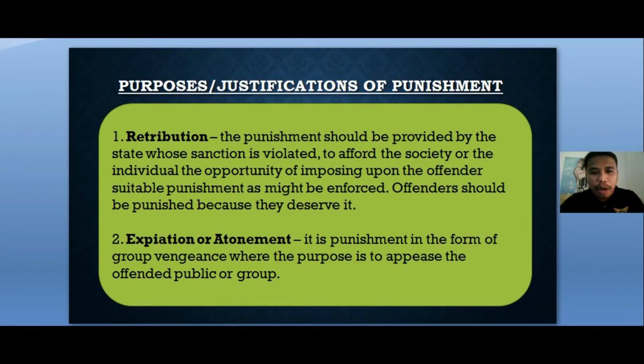Now, let us go now to the justifications of punishment. So, the first justification of punishment is what we call as retribution. So, nga namang naay punishment, o nga namang kinahanglan nga i-penalize ang usa ka tawo nga nakakumit og krimen. So, usa sa mga justification ani is kaning ginatawag og retribution.